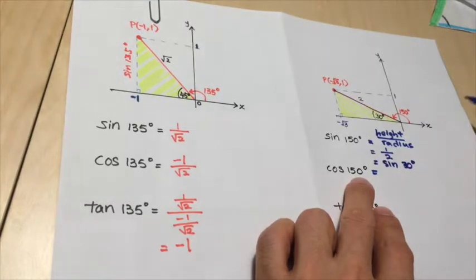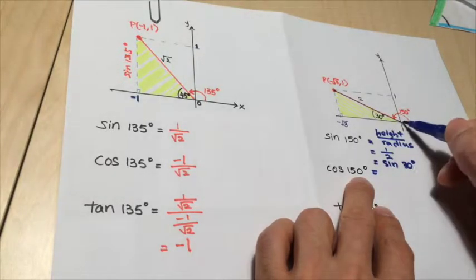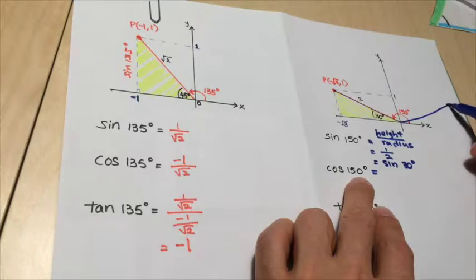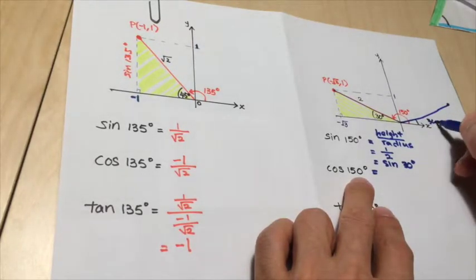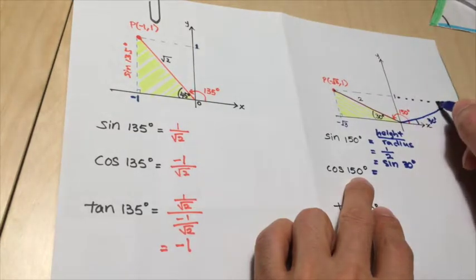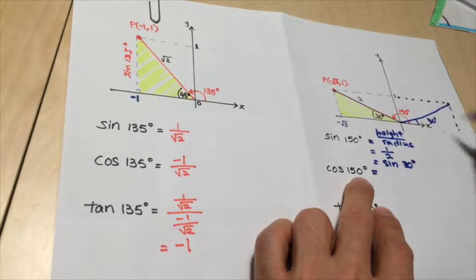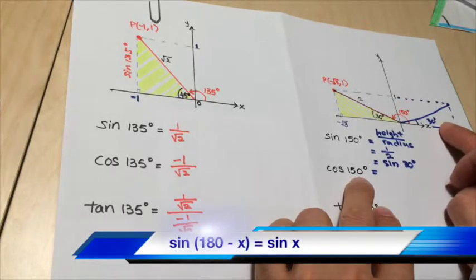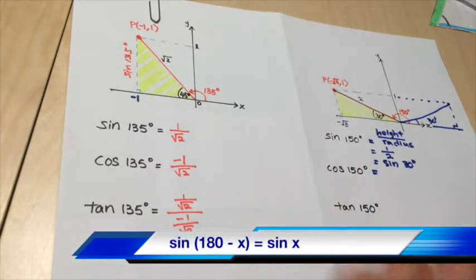Because when you have 30 degree, they are of the same height. For example, over here, this is 30 degree. And the height of the right angle triangle are the same. So sine of 30 degree is equal to sine of 150 degree.